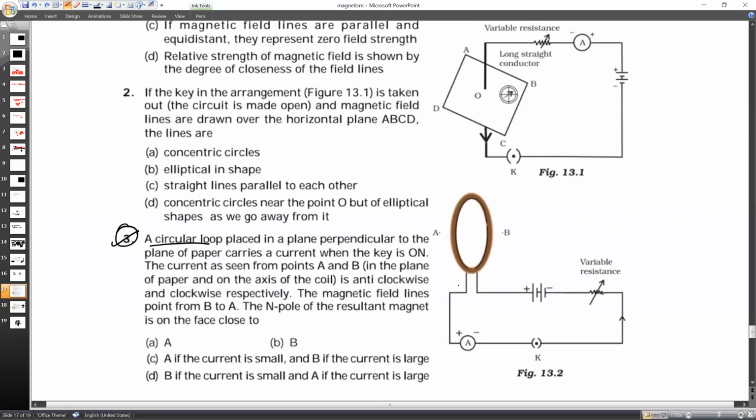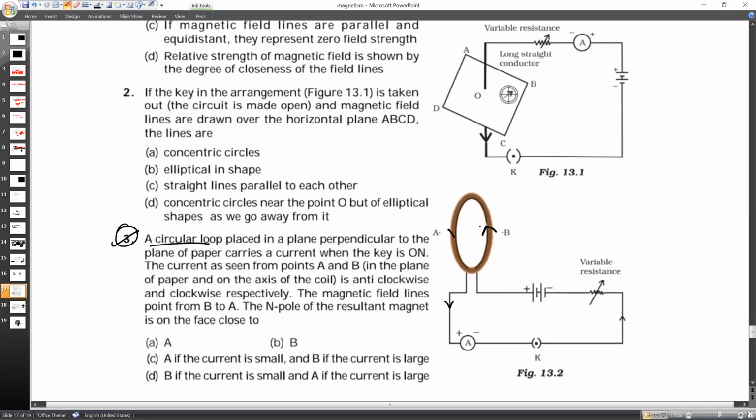You can imagine that this is the positive terminal and this is the negative terminal. So the current is moving like this. You have to understand this very, very thoroughly. Now we will consider that the current moves from positive, like this, and comes around like this.